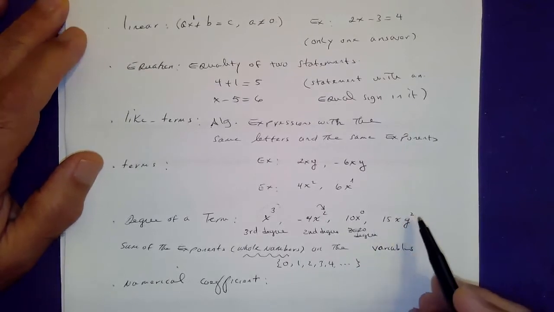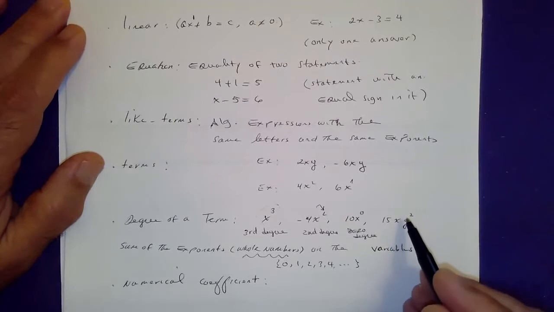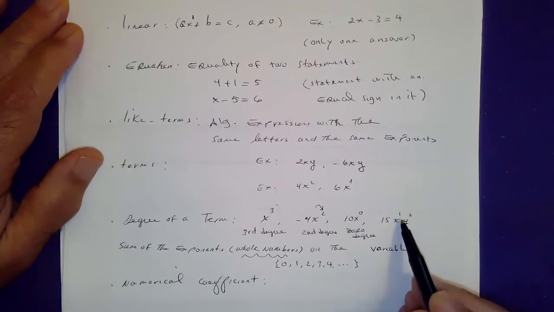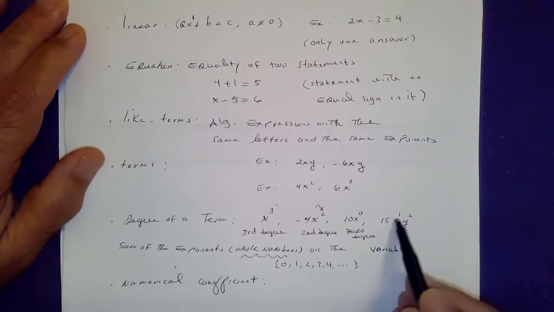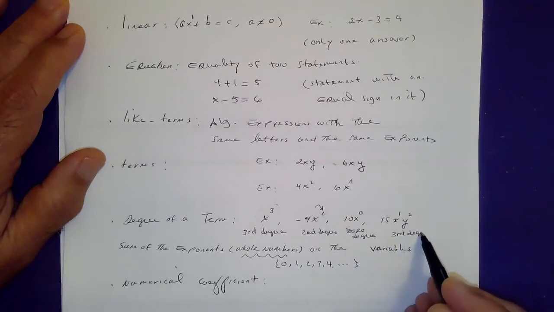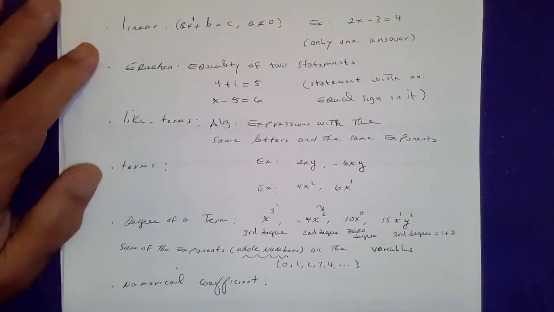If the term consists of more than one variable, you add the powers of the variables. For instance, here the invisible power of x is 1, but then there is a power of 2 for y. So the degree of this term is the sum of these powers. So this is 3rd degree because we have to add the powers, correct?